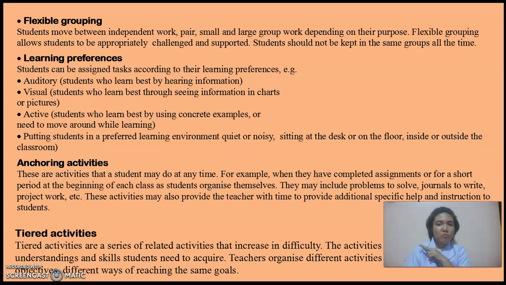Active for students who learn best by using complete examples or need to move around while learning. And lastly, putting students in a preferred learning environment, quiet or noisy, sitting at the desk or on the floor, inside or outside the classroom.